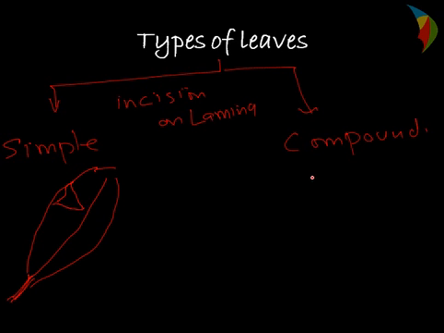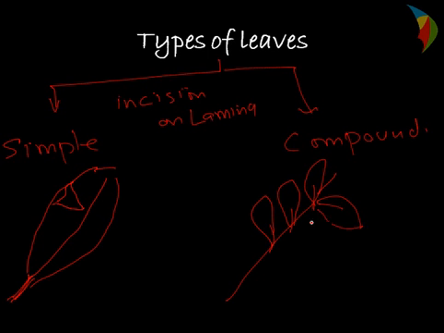And in case of compound leaf, the lamina is incised towards the midrib portion, like this. This forms a compound leaf. So broadly dividing, there are two types of leaves.